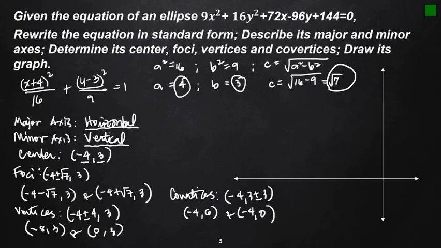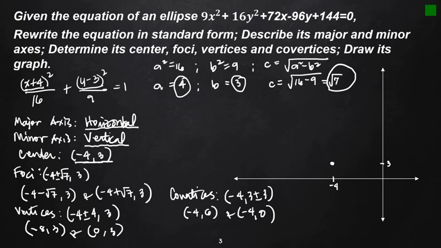Now it's time to plot the graph of our ellipse. Let's begin with the center. The center is at -4, 3, so let this be -4 here, and this one is 3. So the center would be here.